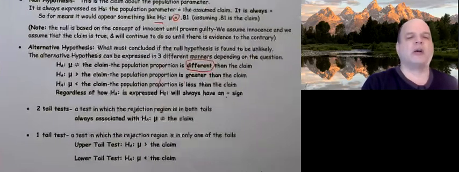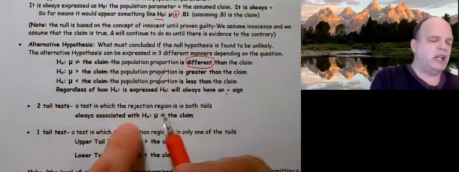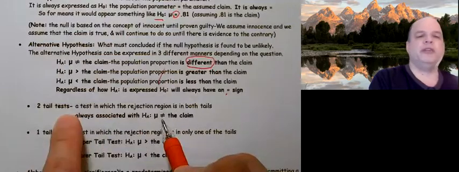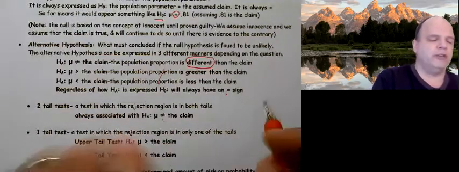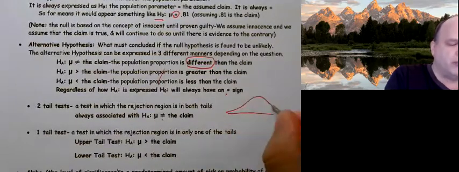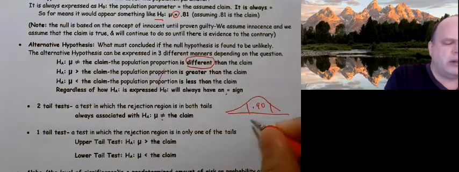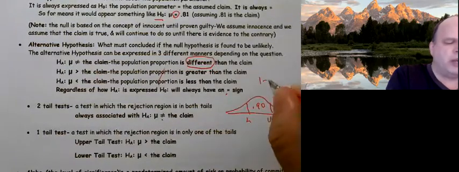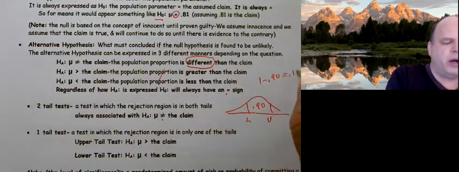One other thing to talk about, a not equal claim is a 2-tailed test in which alpha is divided into both tails. And if you remember, when you did a 90% confidence interval, we had 0.90 here, and then we had a lower bound and an upper bound. And if I go 1 minus 0.90, I get 0.10, and that gives me my alpha level of 0.10.